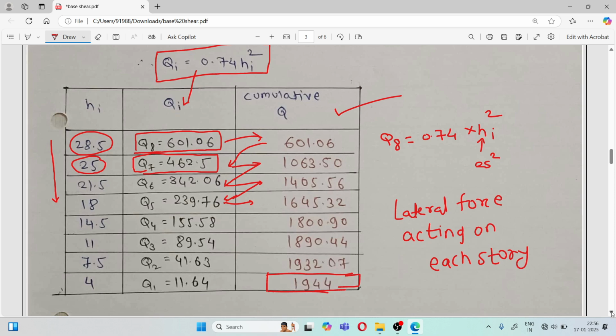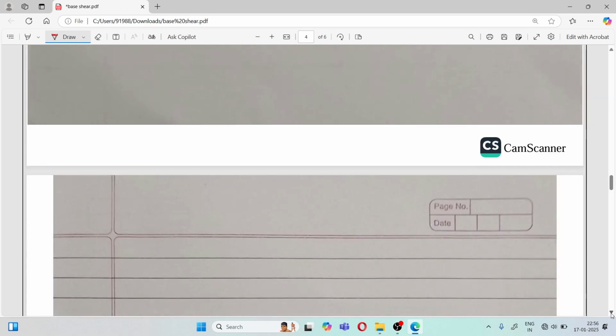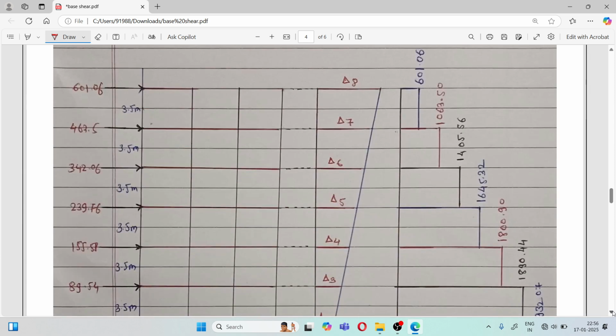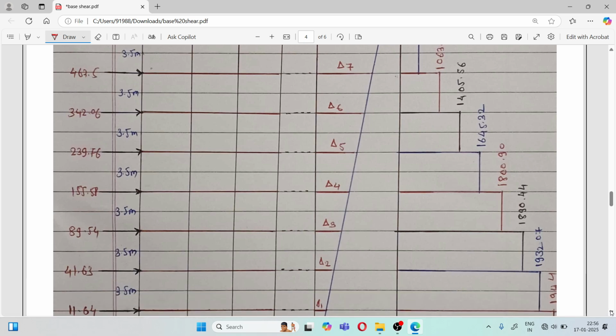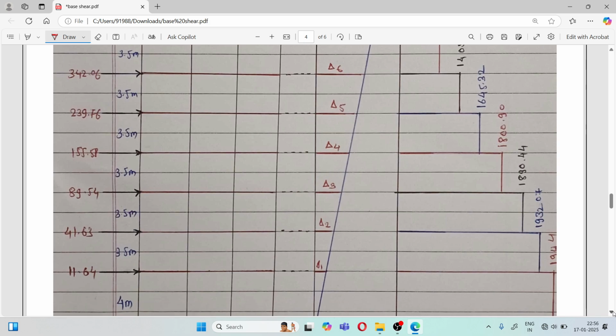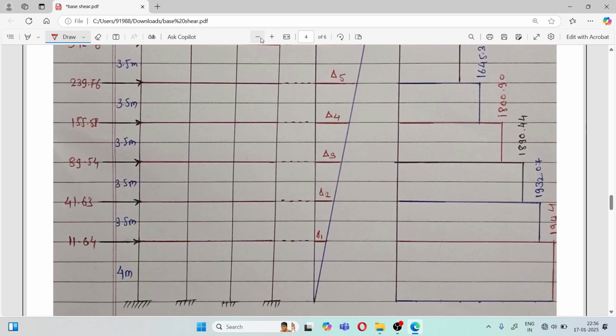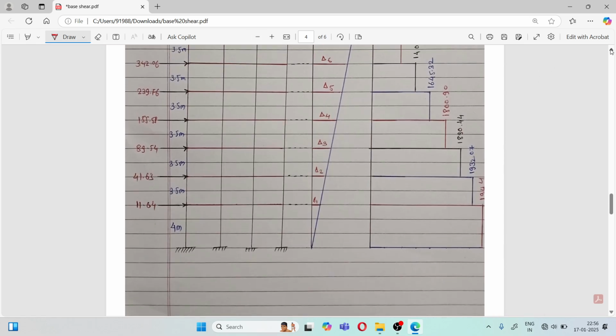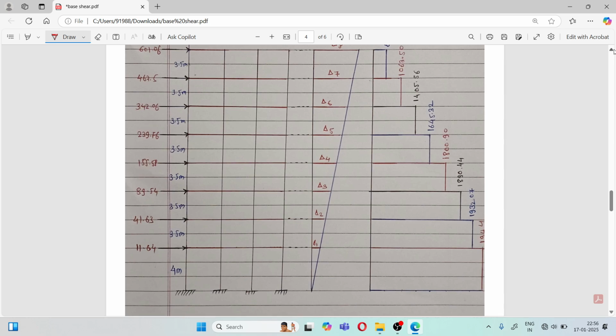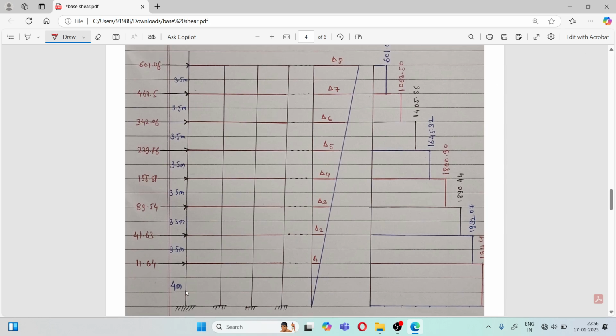So this is our elevation. I will just zoom this out so that it will be very clear to all of you. What we have done till now is this: this is the elevation of our building.